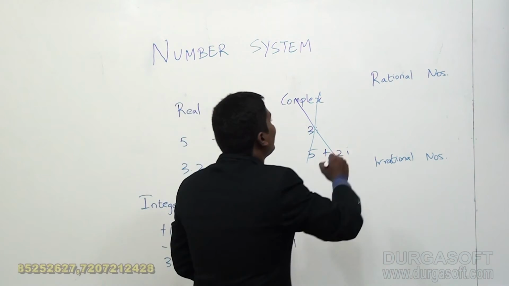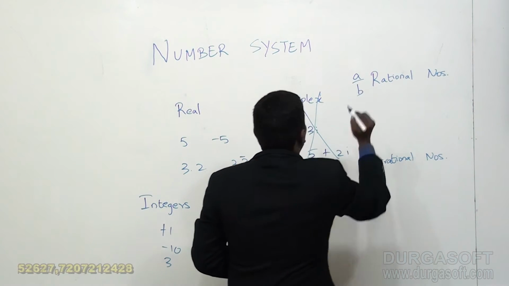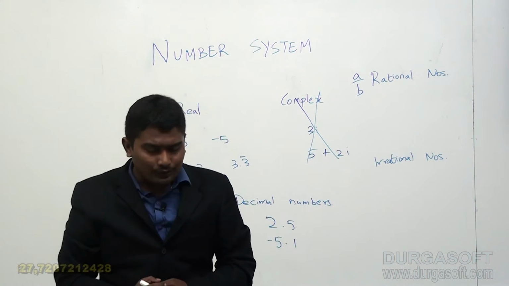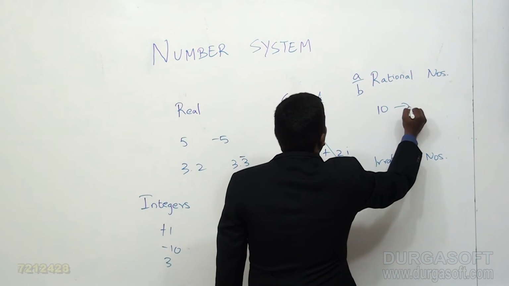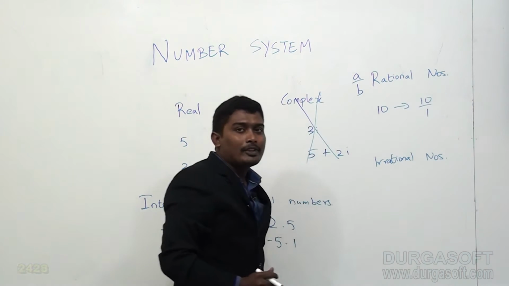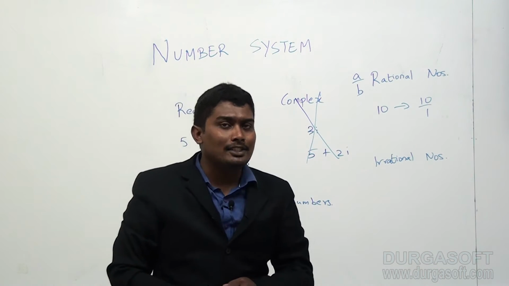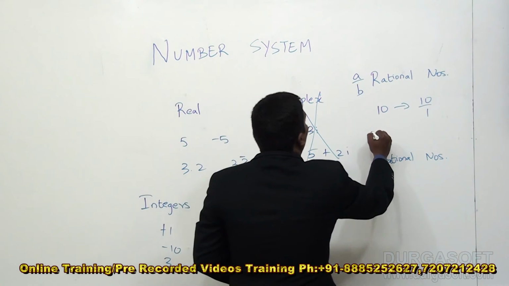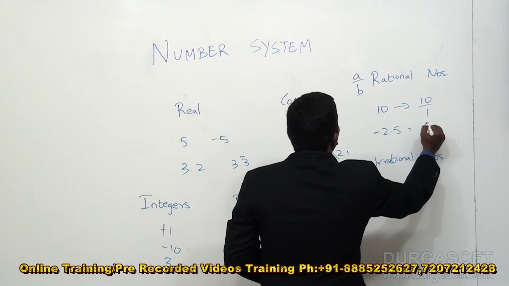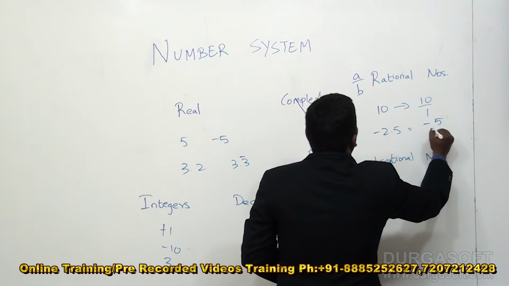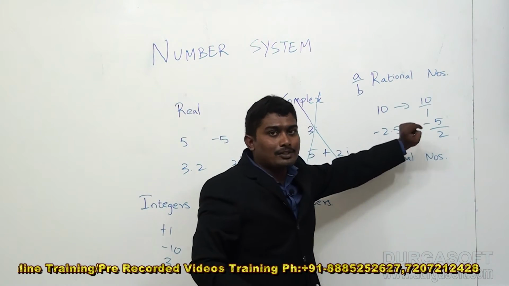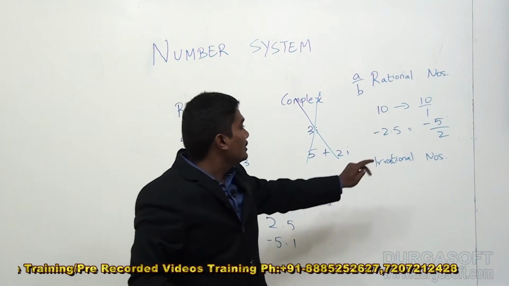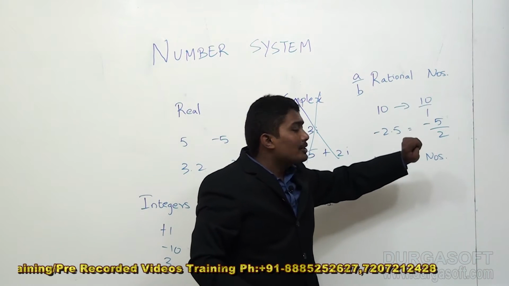It could be represented in form of A by B. For example, if I take the number 10, this can be written as 10 by 1, A by B form. So I can say that 10 is a rational number. If I take the number minus 2.5, this can be written as minus 5 divided by 2, where A and B are integers. So minus 2.5 can be written as minus 5 by 2.